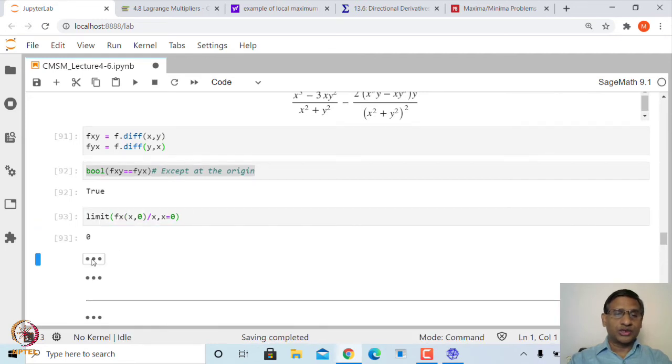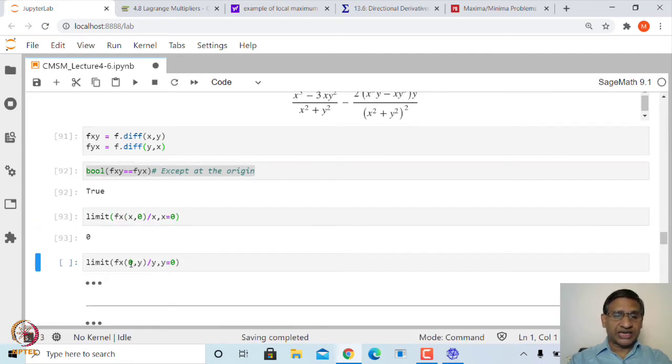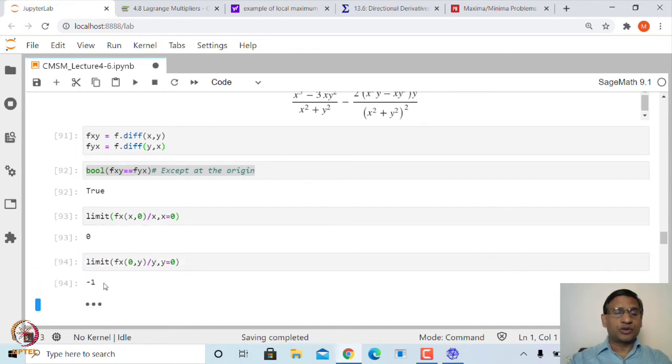This is 0. Whereas the partial derivative of fx with respect to y at 0, 0 is equal to -1. So what does it suggest? It suggests that at the origin, these two limits are different. That means they are not the same.